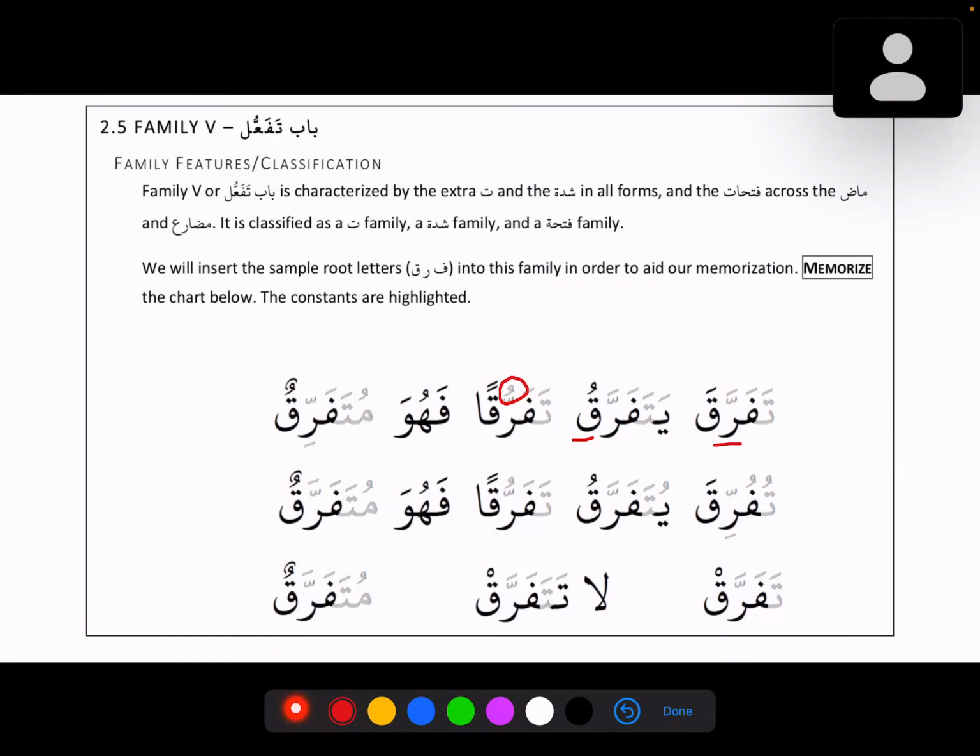Okay, one more thing: why is the sign of Mudariya not taking Dhamma? Anyone? Why is the sign of Mudariya not taking Dhamma? It's the Fatha family, no? Because the Madi doesn't have 4 letters.